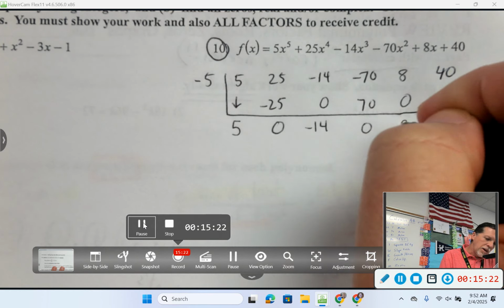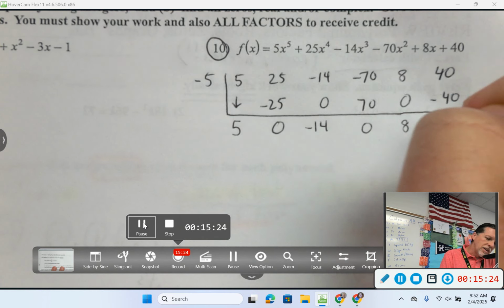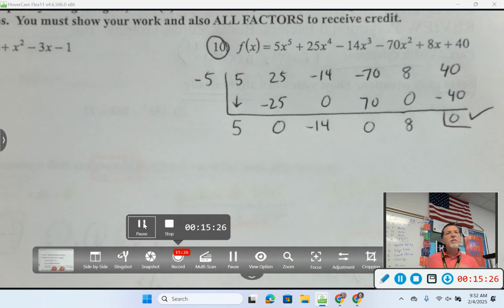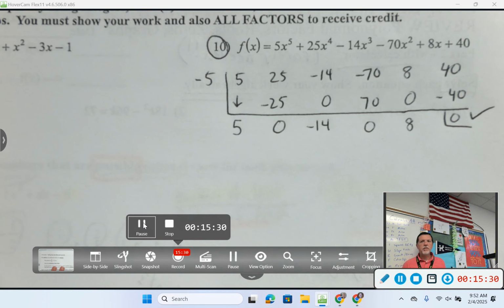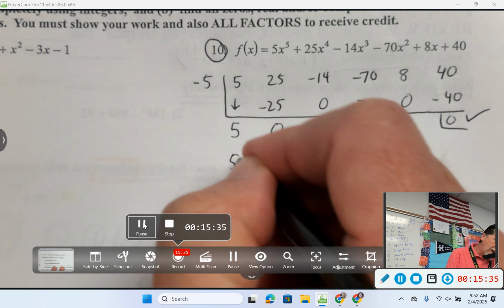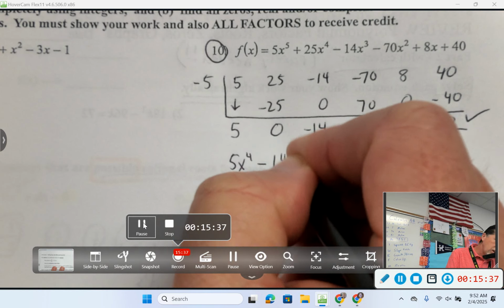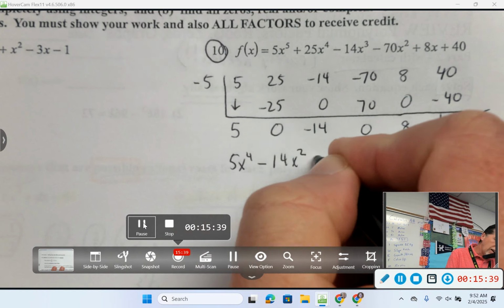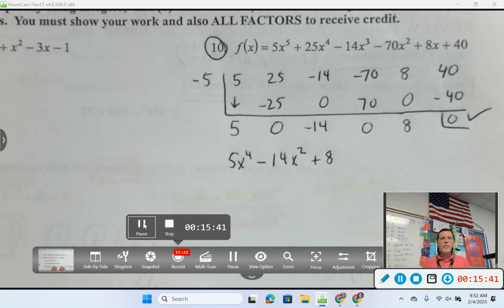And this turns out to be a much easier polynomial to deal with because all of those zeros. So yes, I got 0 at the end, but the main point was now I've got 5x to the 4th minus 14x squared plus 8.